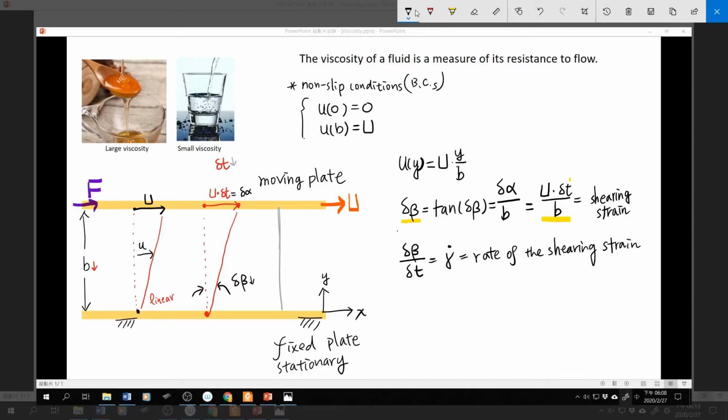Okay? We want to know gamma dot, which is delta beta divided by delta t. And in this situation, we give it another condition or restriction: we want delta t to be very, very small.